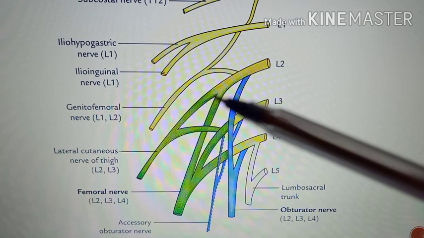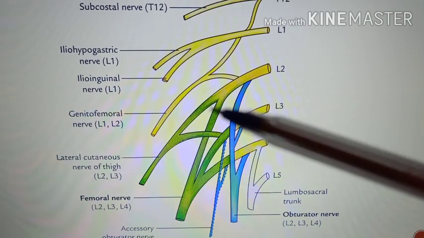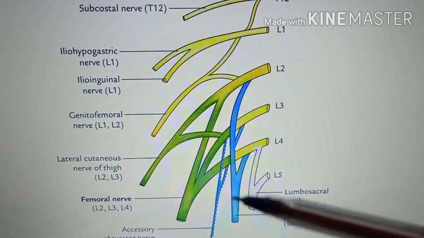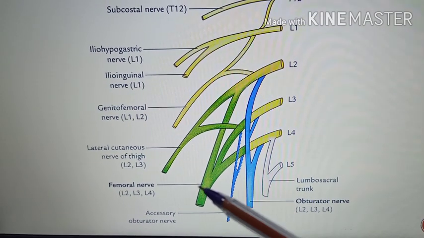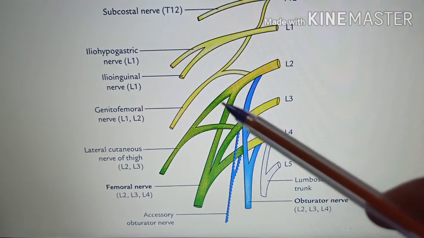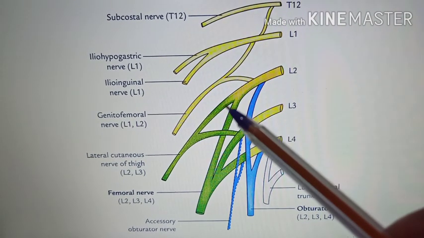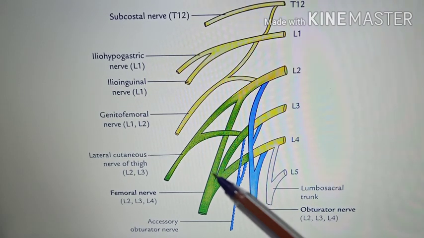Now in this picture, this is the dorsal division which is shaded in green color, and this blue color is showing the ventral division. If you see this green colored area, that is the dorsal division, you can see this L2 giving a smaller dorsal division and a larger dorsal division.